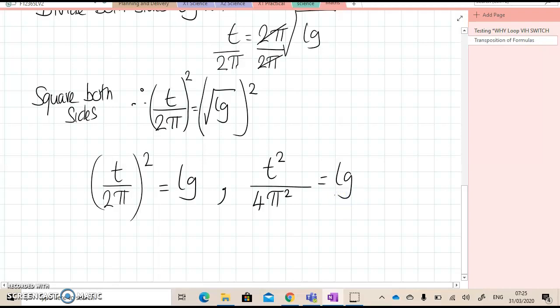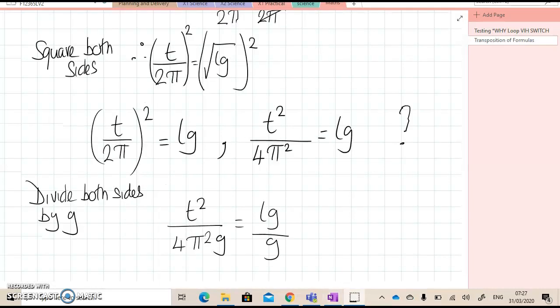Can you see what we need to do next? Basically, we need to get rid of G. Okay, so let's do that. So we divide both sides by G. On the right hand side, G divided by itself gets rid of it, and what we do on the right hand side, we do on the left hand side.